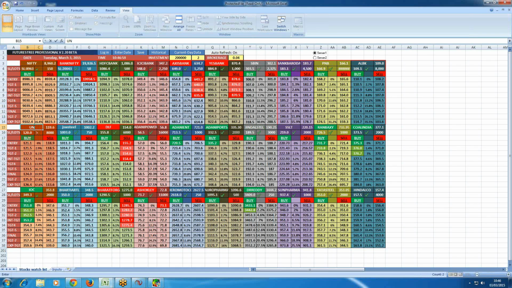So let me add Union Bank. So 170 is the entry on the sell side. Can Bank, 116 is the entry on the sell side.